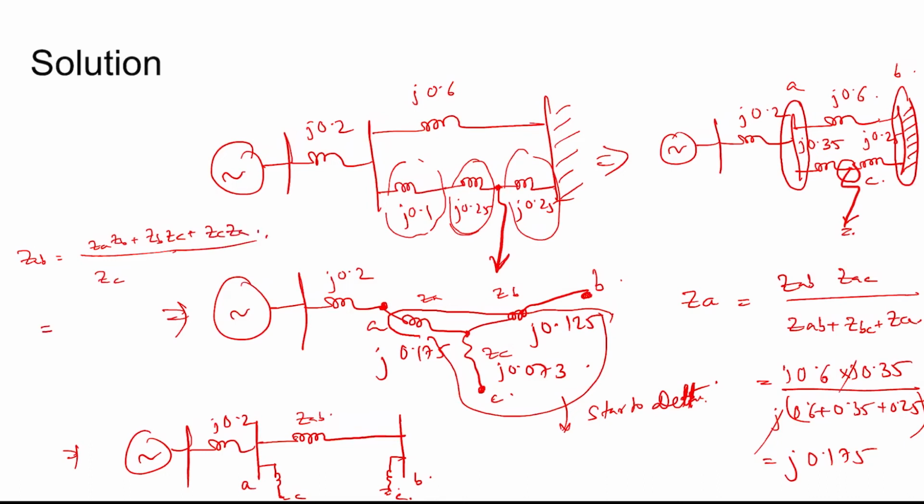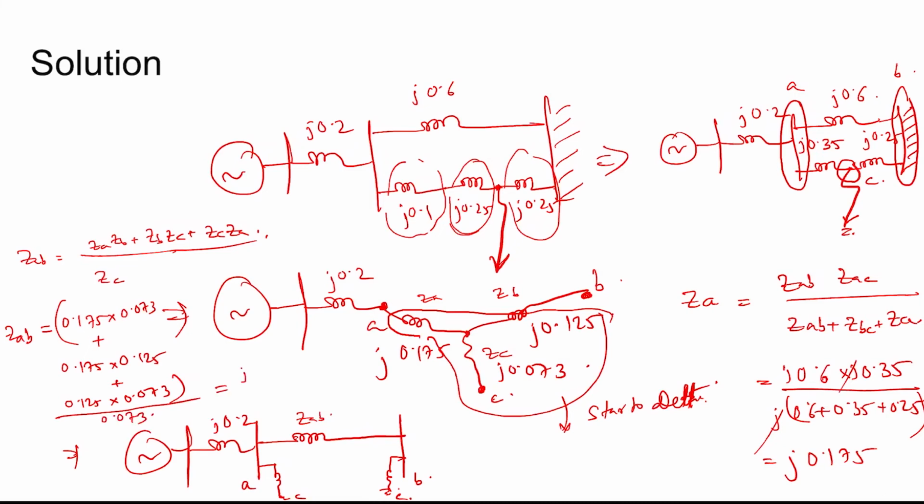So ZAB equals 0.175 into 0.073 plus 0.175 into 0.125 plus 0.125 into 0.073, divided by ZC, which is 0.073.